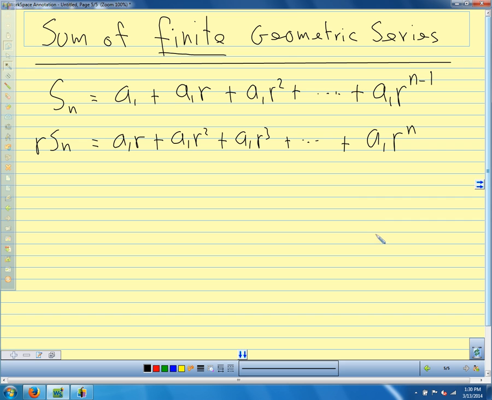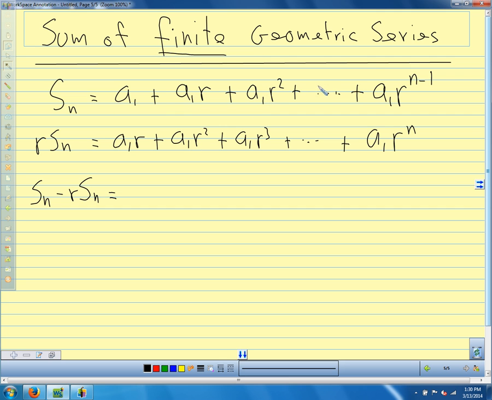And here's the really cool thing with this. Now I'm going to subtract this equation from this equation. So I get S sub n minus r S sub n equals, when I subtract these two, here's a sub 1 r minus a sub 1 r. A sub 1 r squared minus a sub 1 r squared.